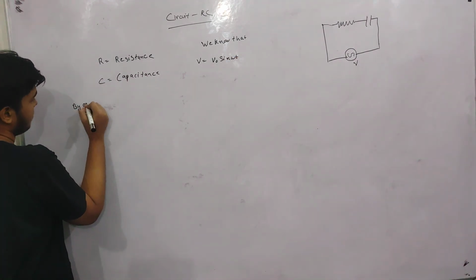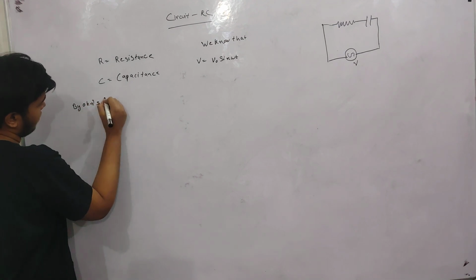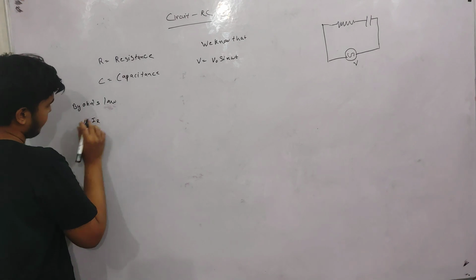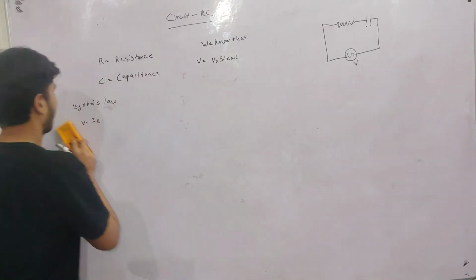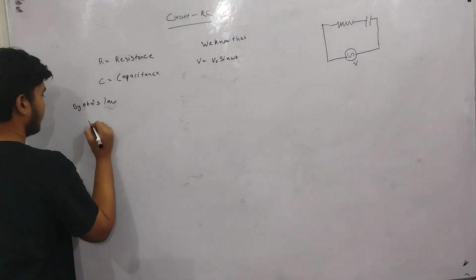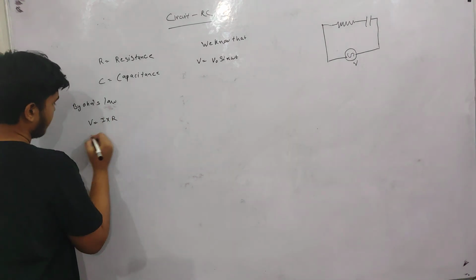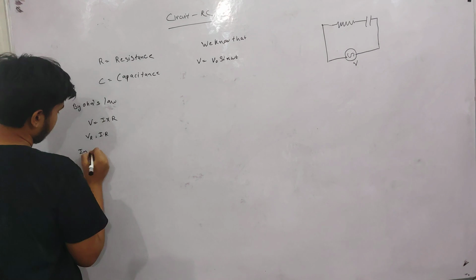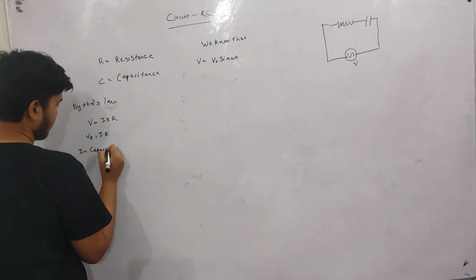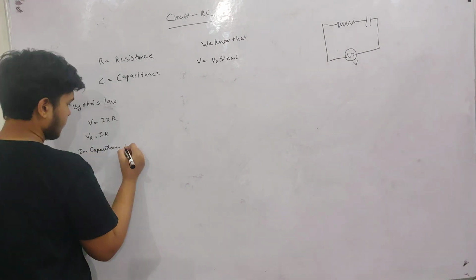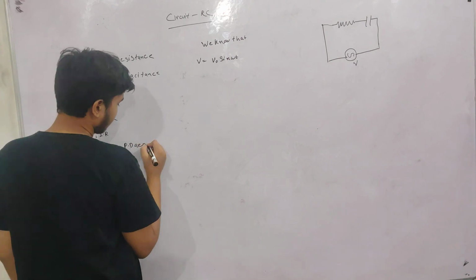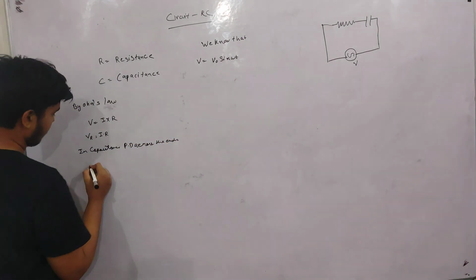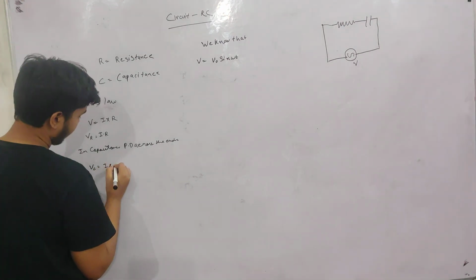By Ohm's law, V equals I into R. So VR equals I into R. In capacitance, the potential difference across the ends is VC equals I into XC.